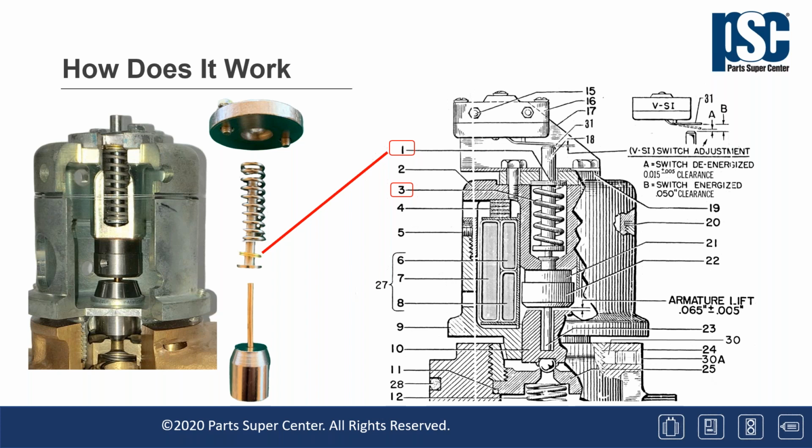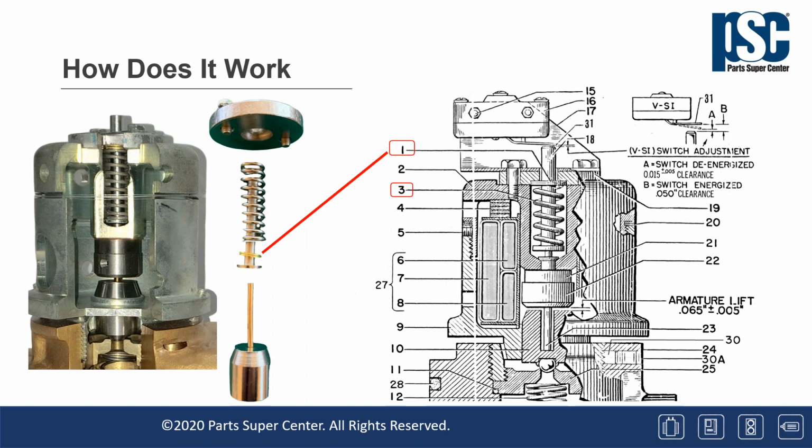Since the surface area of the ball at the bottom of the pilot armature is so small, it's easy to tune the spring bias above the pilot armature such that no leakage will occur between the ball of the pilot armature and the pilot armature seat directly below it, which is item 25. Additional pilot armature spring bias is obtained by additional shim washers, item number 1.